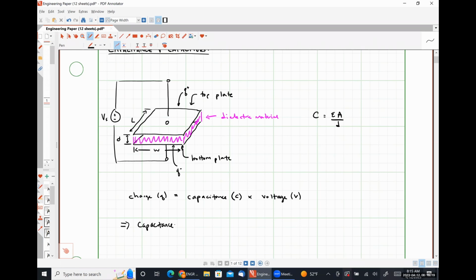that capacitance can be defined as the ratio of the change in electric charge on an element due to a corresponding change in voltage.